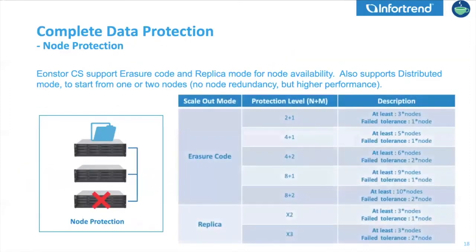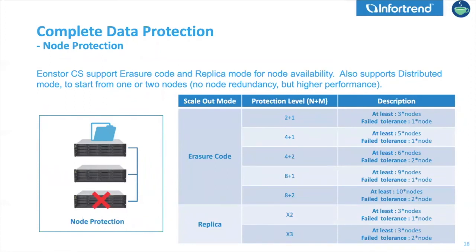For data protection on the CS series, we support both erasure coding and replica mode. Erasure coding, as I'm sure most of you are aware, is where the data or file is sliced and diced up into n number of pieces and then has parity data attached to it, and then that metadata and the data are effectively scattered across all the nodes in the cluster.